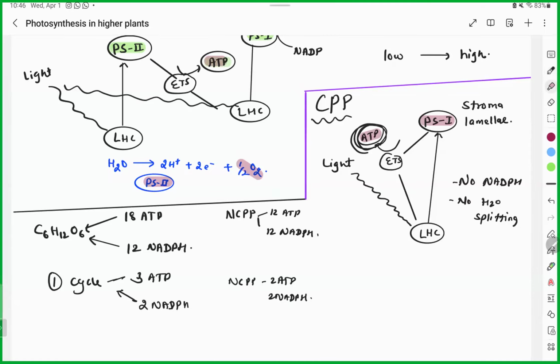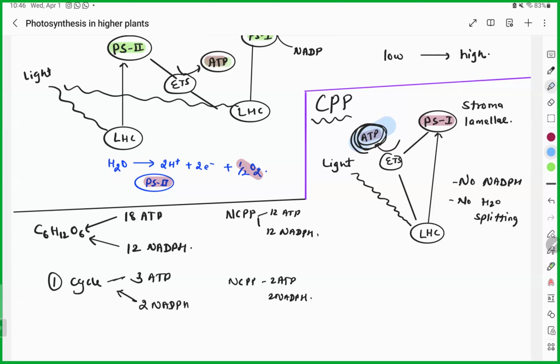This one only, cyclic only. Make sense? Everybody understood why we need it? Because you need a lot of ATP for actual glucose formation, and non-cyclic is not sufficient. That's why the elder one needs to do an extra job to get the requirement done.